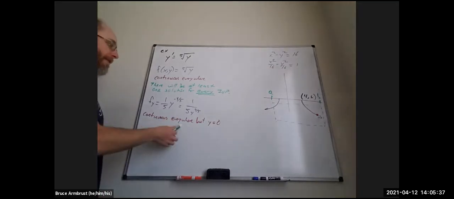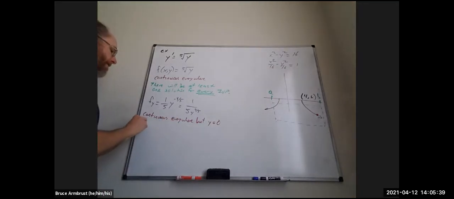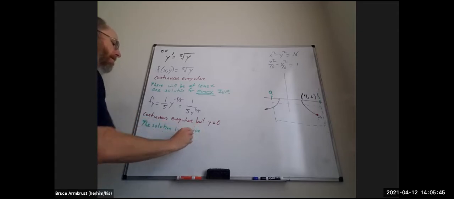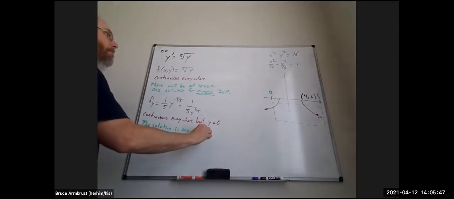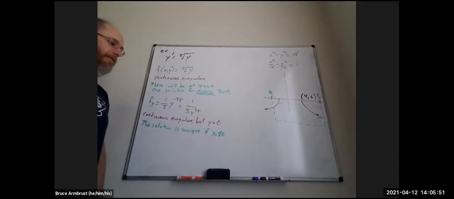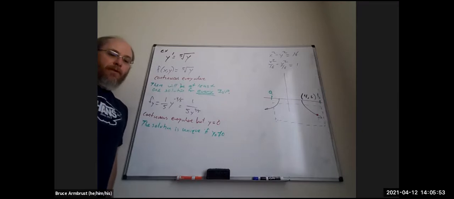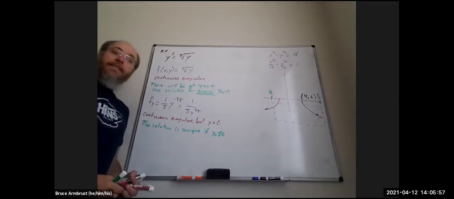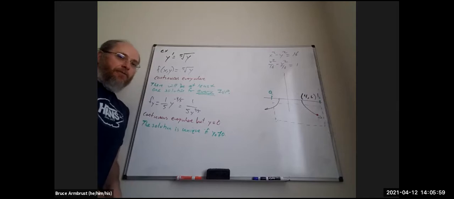All right, so what this tells us is that the solution is unique if y naught does not equal 0. So remember what I said a second ago: there isn't an initial value that's going to be a problem for finding a solution.